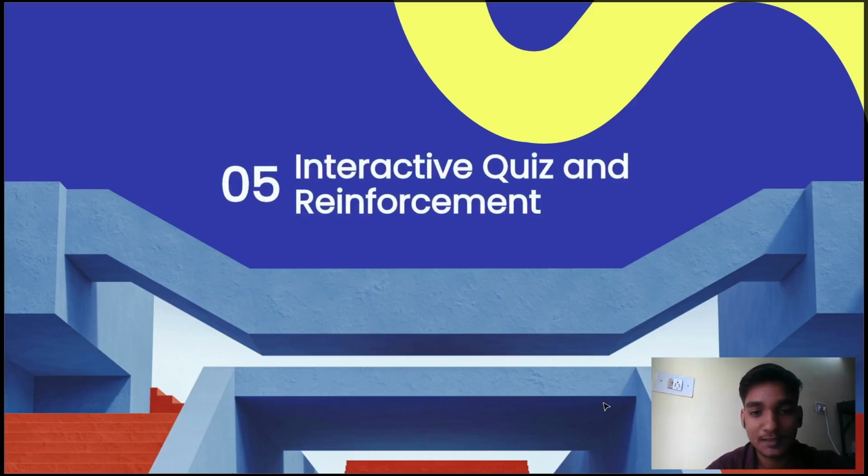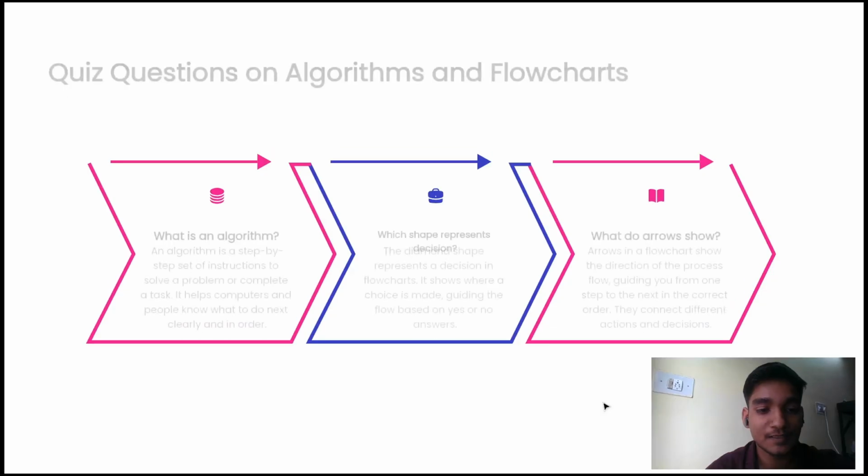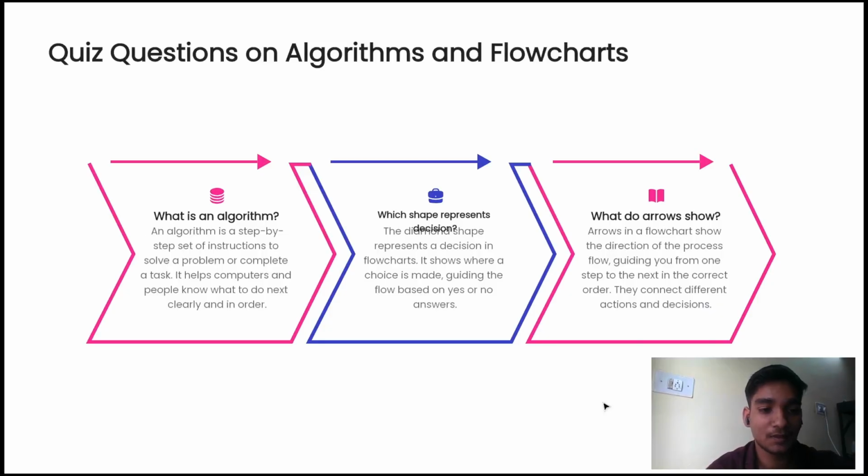Now it's time for the interactive quiz. So what is an algorithm? It's simple. An algorithm is a step-by-step method to solve a problem. Now, what is a flowchart? A flowchart is a picture that shows the steps of an algorithm using symbols and arrows.